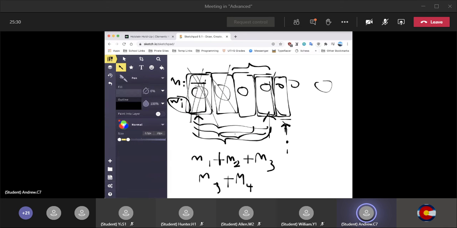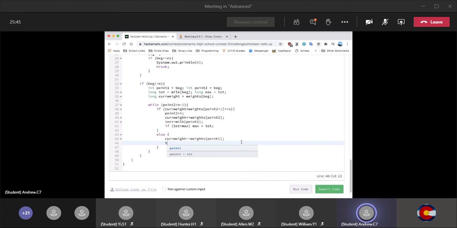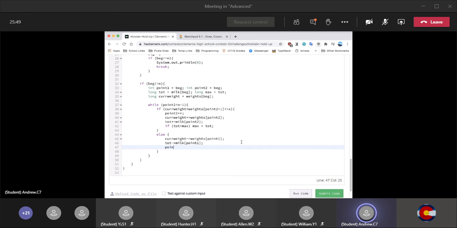So we have current weight, and we subtract weights of point 1, then total minus equals milk of point 1, and then point 1 plus. All this does is completely remove the first cow.